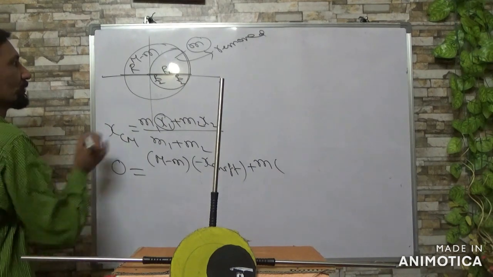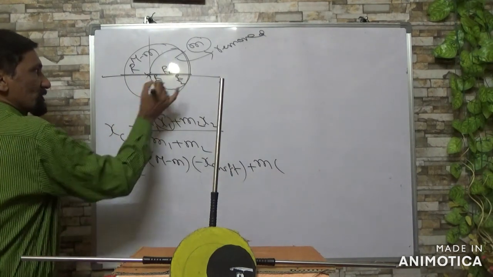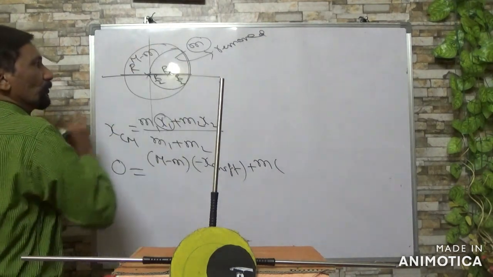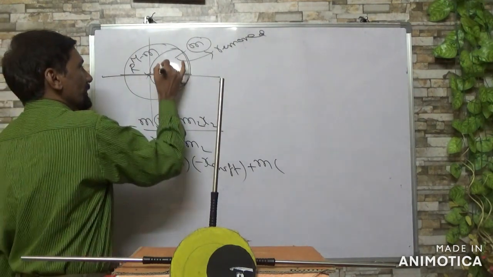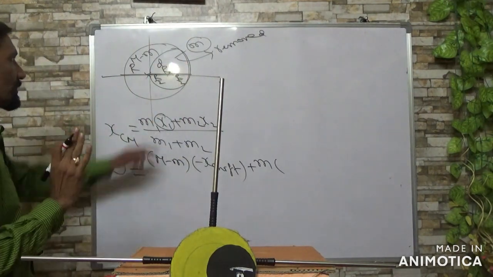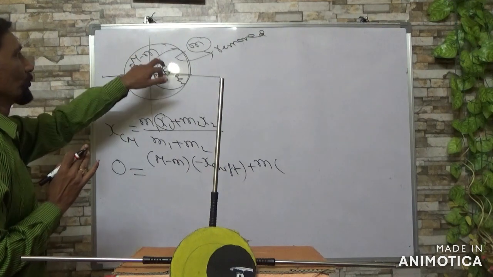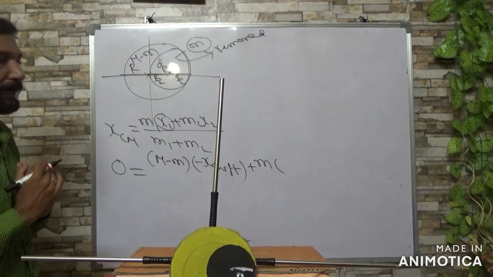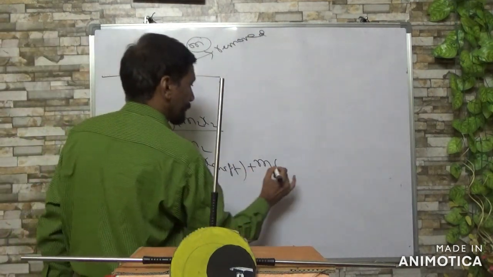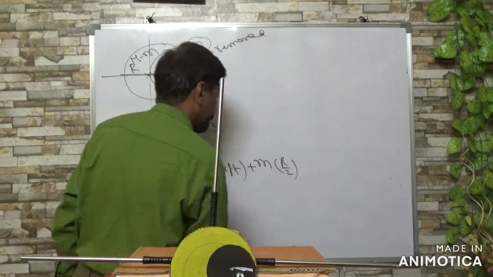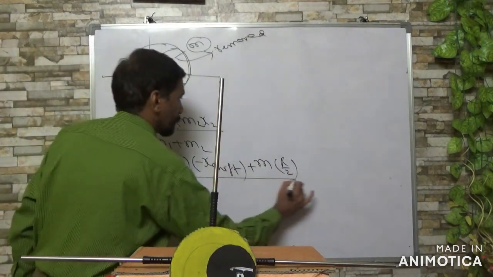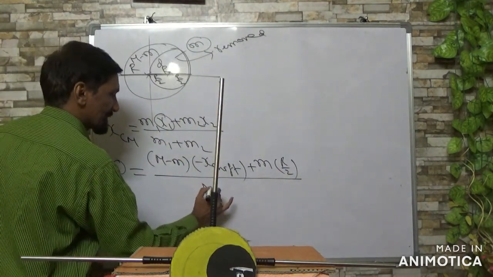So from the center of mass to the center of the removed one, d is the distance from the center of the body to the center of the cut one. So it is r by 2, by the total mass, right?